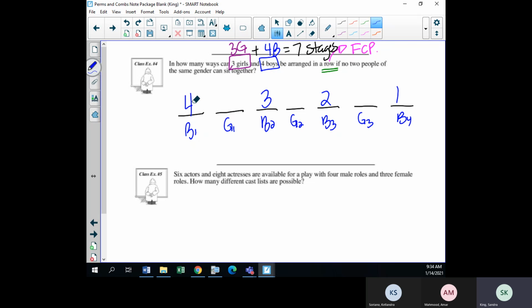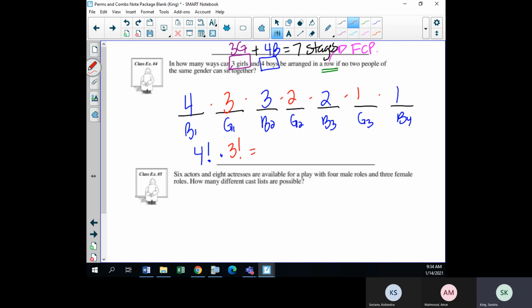And then you're going to do the same with girls. Kathleen, how many girls could I put here? 3. So you're going to say 3, 2, 1. If you want, there's 2 different ways you could type this into your calculator. You could do 4 times 3 times 3 times 2 times 2 times 1. Or, if you wanted to, you could have said 4 factorial times what factorial? 3 factorial.